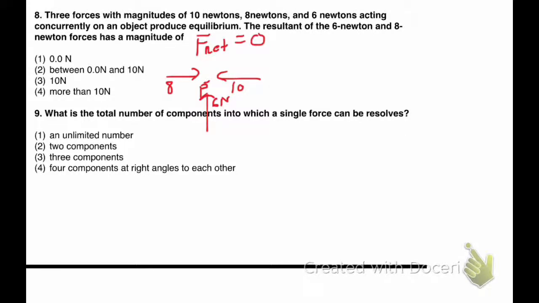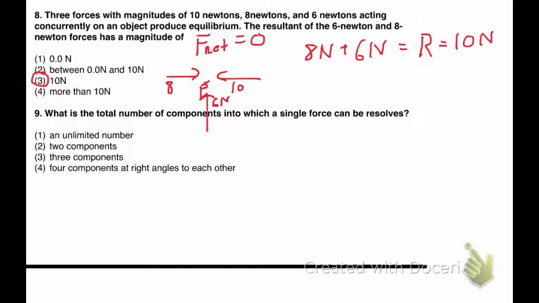Because when it equals the third force vector, it would cancel that force vector out and create force net equaling 0. Therefore, the 8 Newton plus the 6 Newton vector has to produce a resultant of 10 newtons. Therefore, our answer is 3.